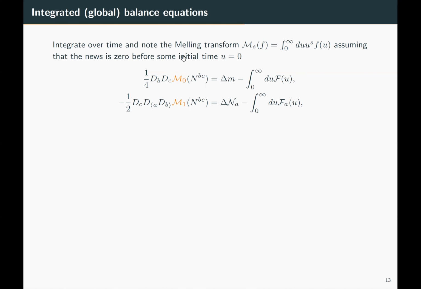So I assume that my news tensor is vanishing before some initial time, which I take to be u equals 0. And now if I take an integral over time of the balance equation, I find these equations for the Mellin transform of the news of rank 0 and 1.